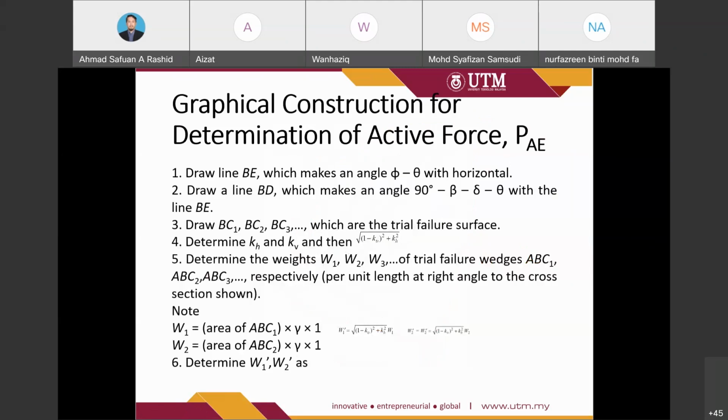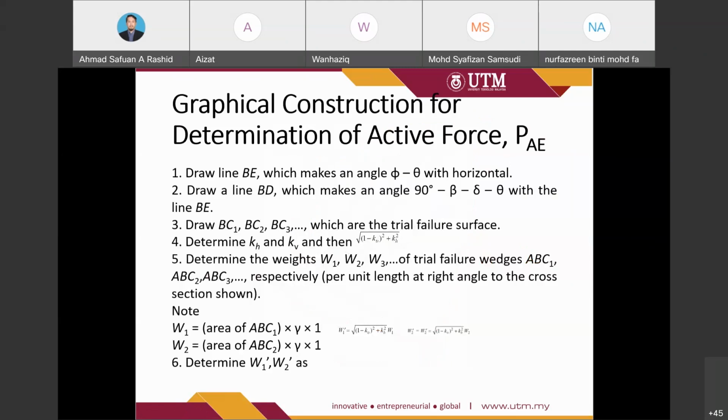Note that W1 is the area of ABC times the unit weight and times 1, because it is a two-dimensional diagram, so there will be no per meter run.